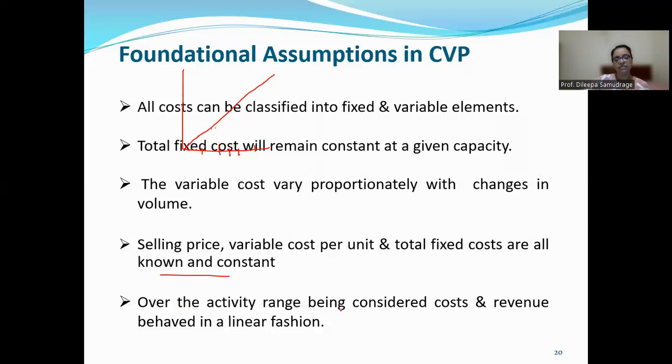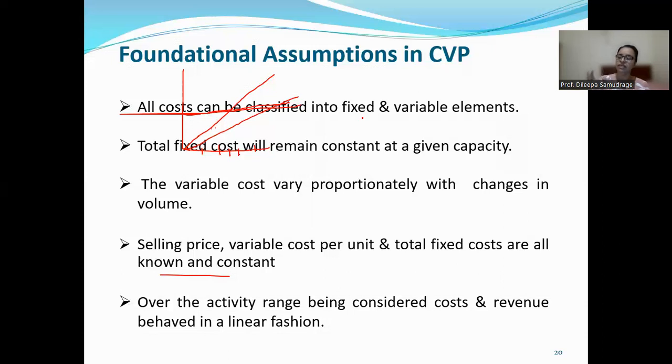Then, over the activity range being considered, cost and revenue behave in a linear fashion. Always when I draw these lines, I draw straight lines. This is the total revenue line, this is the total cost line, and this is the variable cost line. So here we assume in CVP analysis that all these costs and revenues behave in a linear fashion, not like curves.